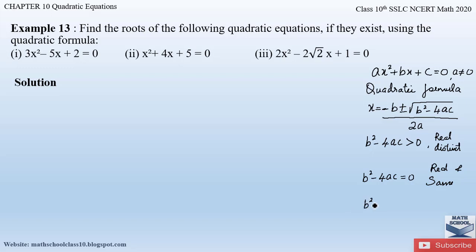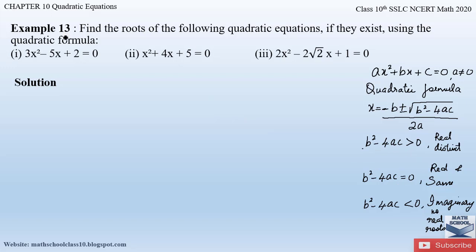If b square minus 4ac is less than 0, then we get imaginary roots, that is, no real roots will be obtained. So the roots of a given quadratic equation depend upon this value, that is b square minus 4ac.